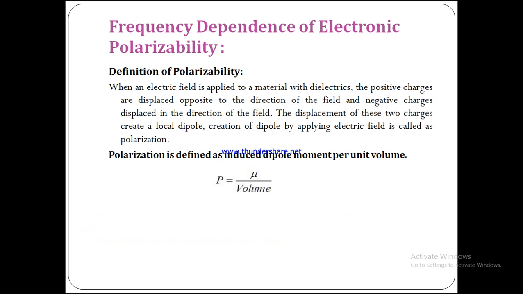Now the next point is the frequency dependence of electronic polarizability. First, what is meant by polarizability? When an electrical field is applied to a dielectric material, the positive charges are displaced opposite to the direction of the field and the negative charges are displaced in the direction of the field.